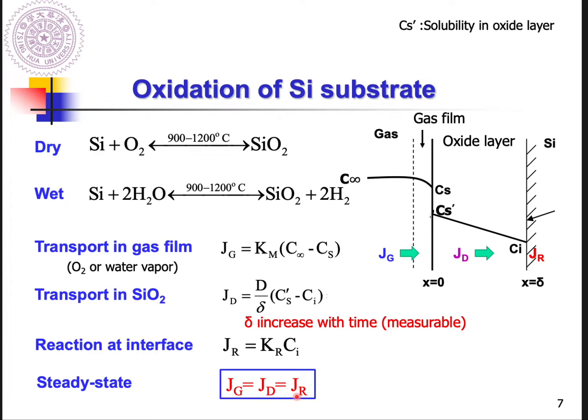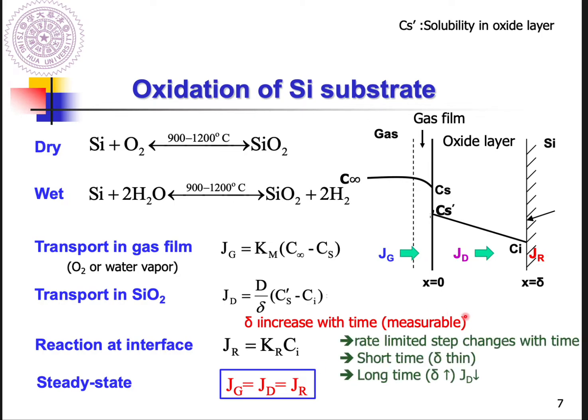And next is very important. This is a very important process, the transport of oxygen in the oxide layer, because you can expect this step will change with time, because delta changes. Delta increases over time.